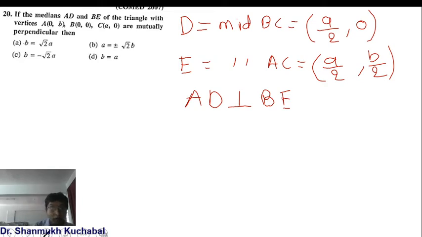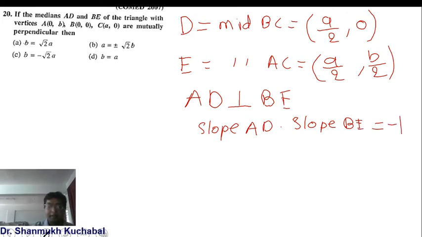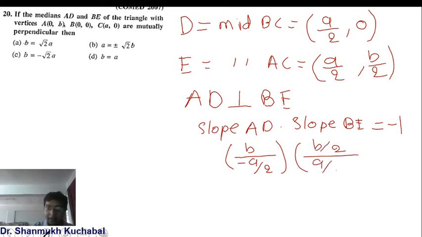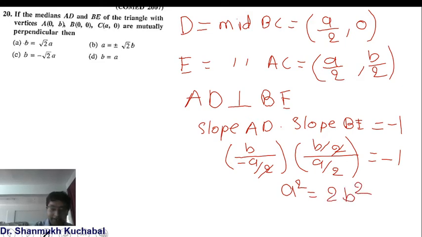Therefore I take the slopes of their equations. The slope of AD multiplied by the slope of BE is minus 1. The slope of AD is b divided by minus a/2, and the slope of BE is (b/2) divided by (a/2). Here the 2 cancels, and on simplification we get a square equal to 2b square, or else a equals plus or minus root 2 b.